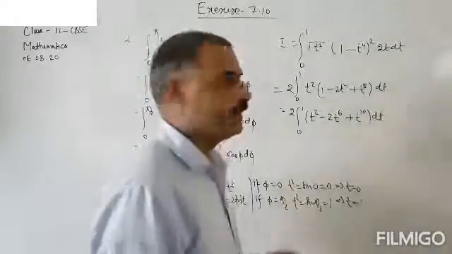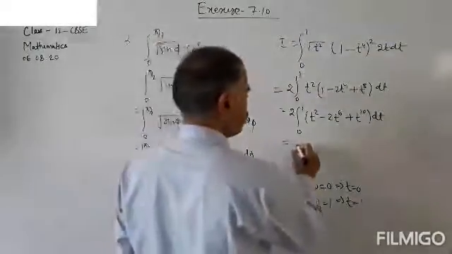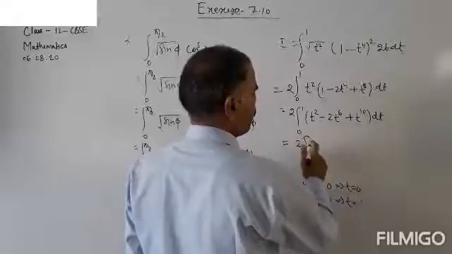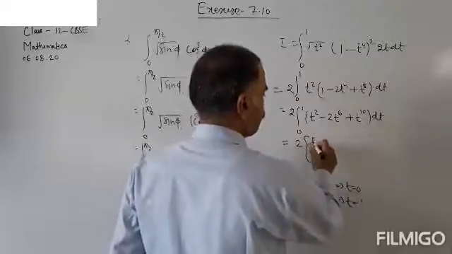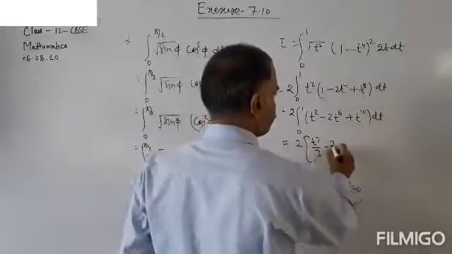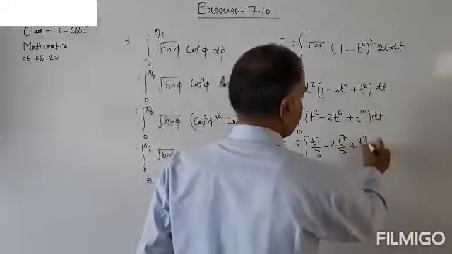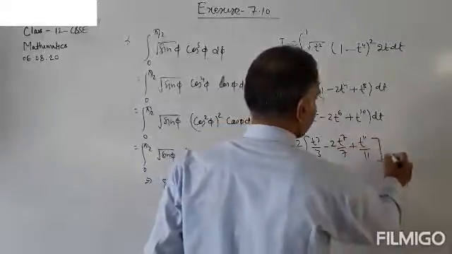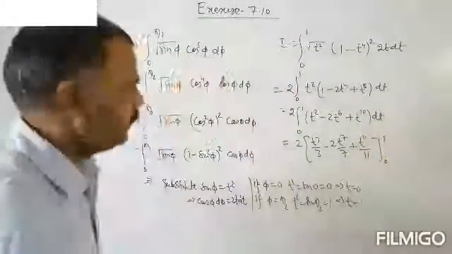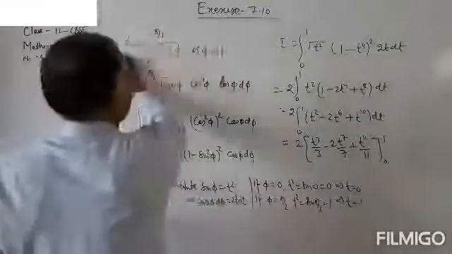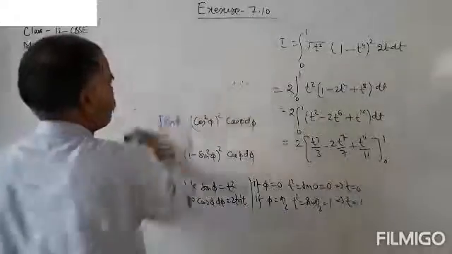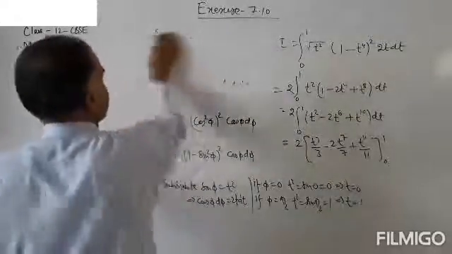Now we have to integrate. The integration equals 2, which is outside the sign of integration, times t to the power 3 upon 3 minus 2t to the power 7 upon 7 plus t to the power 11 upon 11, with the limit varying from 0 to 1.